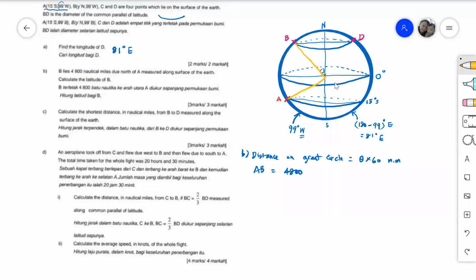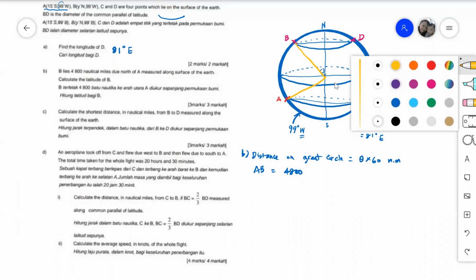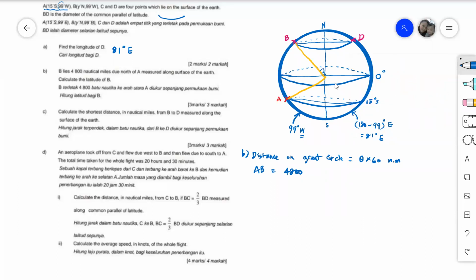All right, and then from this line, the straight line, the diameter of the earth, we will have this angle 15 because A is on the latitude 15 degrees south and B we don't know yet, so let's call it alpha here.